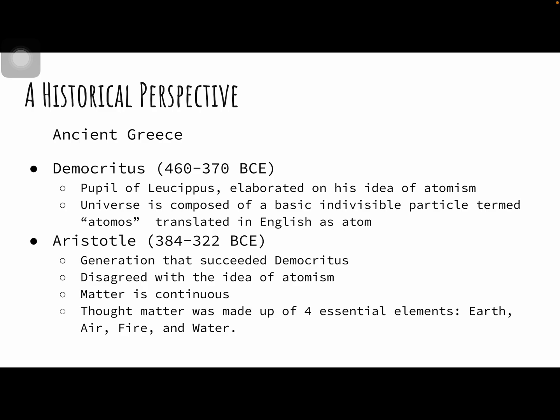At this time, we also believed there were only 4 essential elements: earth, fire, air, and water. Obviously, we have come a very long way since 400 BCE, but back then we believed that atoms were these tiny little things that built what we see every day.